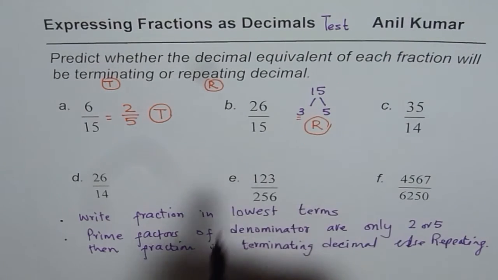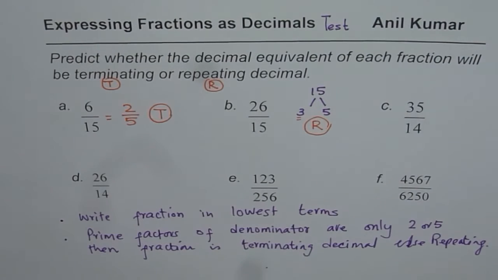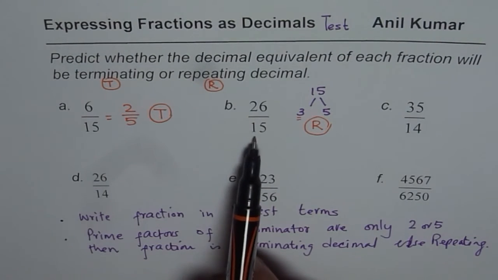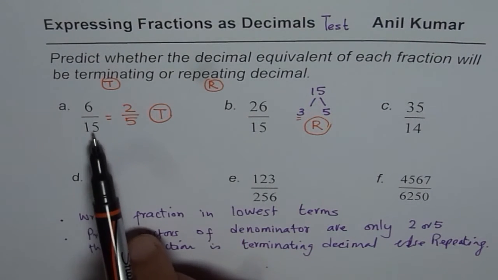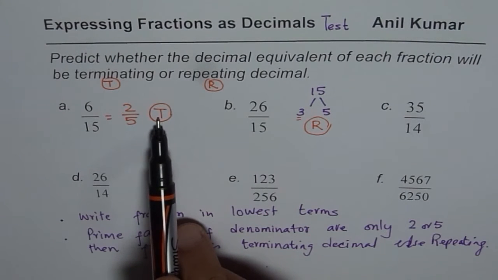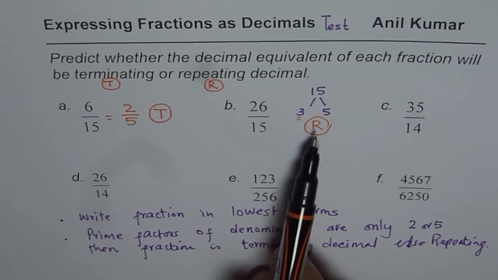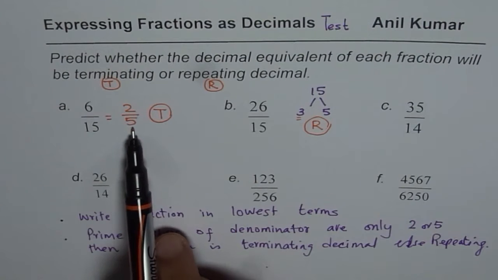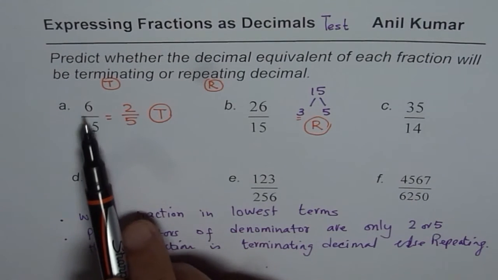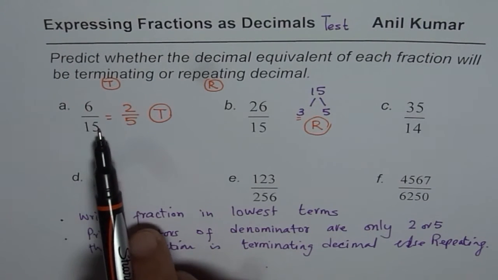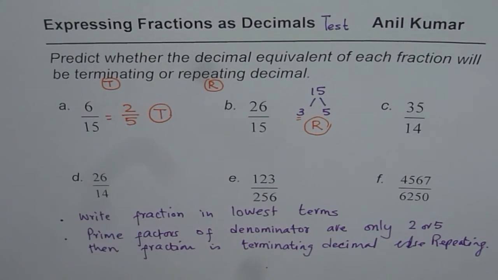Now you'll note that 15 is the denominator in both the cases. However, the first one results into terminating decimal, the second one into repeating, since 3 cancelled out here. Do you see? 3 times 2 was 6. That is the reason why we need to write the fraction in lowest terms first.